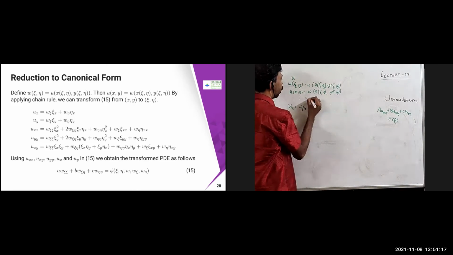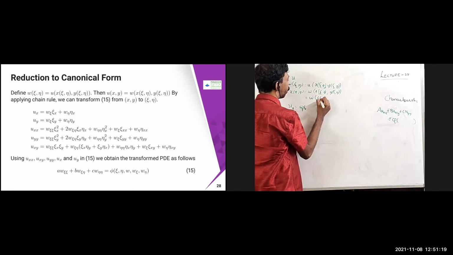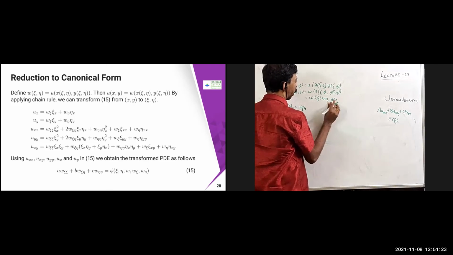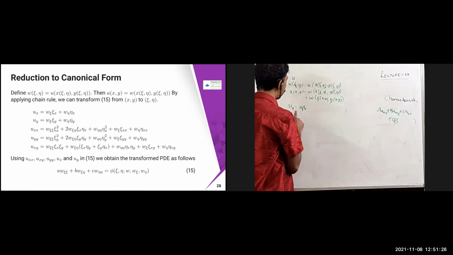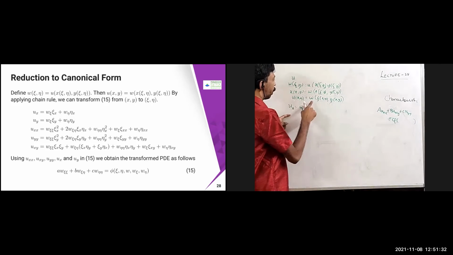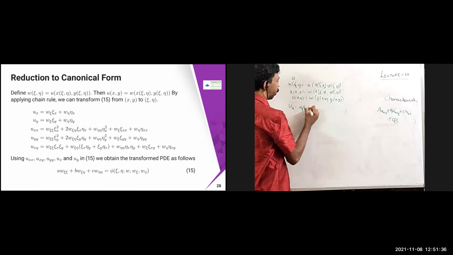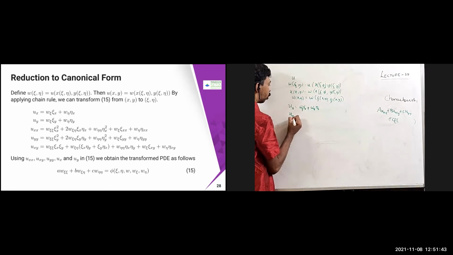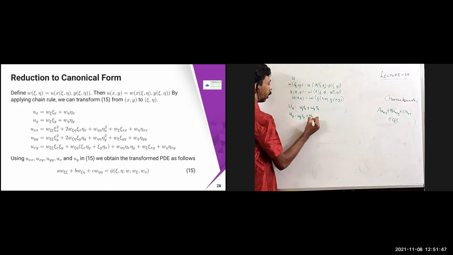I can write it as w of chi(x, y), eta(x, y). Using the chain rule, to calculate u_x, first you differentiate with respect to chi, then with respect to x, so you get w_chi chi_x, plus one more term, w_eta eta_x. Same thing for u_y: u_y is w_chi chi_y plus w_eta eta_y.